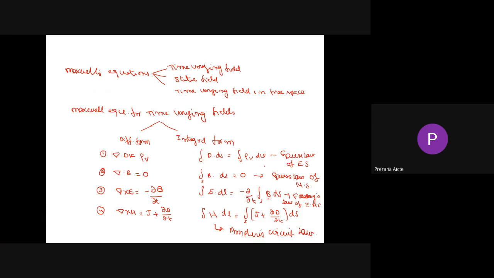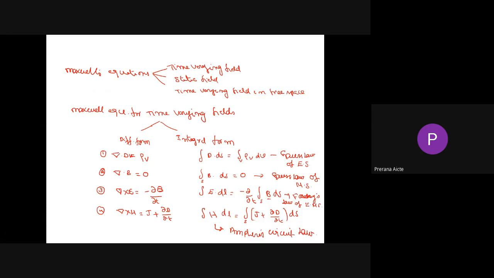This equation we call Gauss law. Now del dot B is equal to 0, that is the differential form. For this differential form, while representing in integral form, you take the integrations on both sides, that is integral of B dot dS is equal to 0.